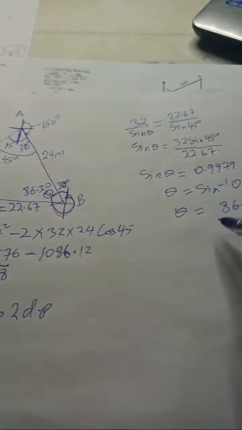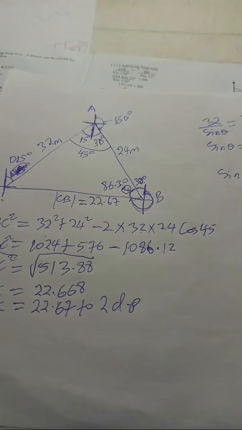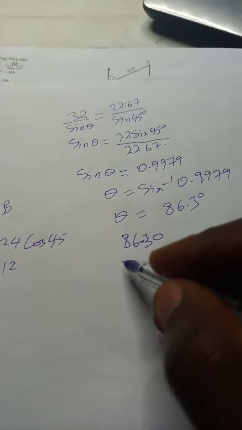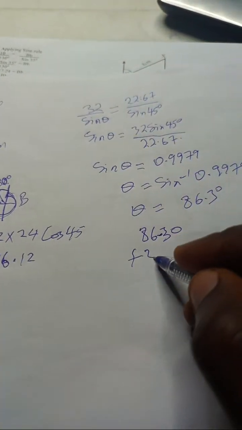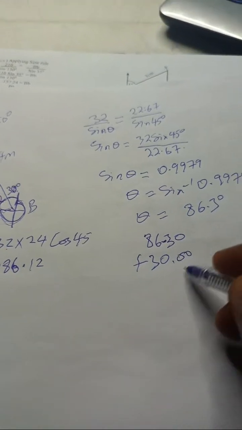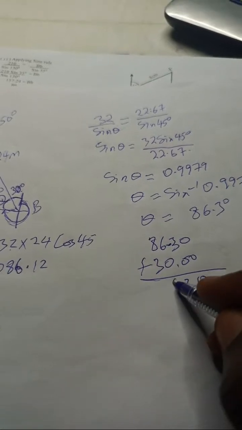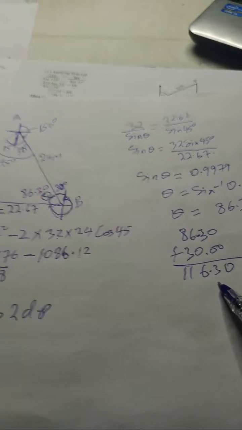So 86.3. Now, we have to say everything together will now be 86.3 plus 30 degrees, plus 30. What will this give to us? This will be 116.30.